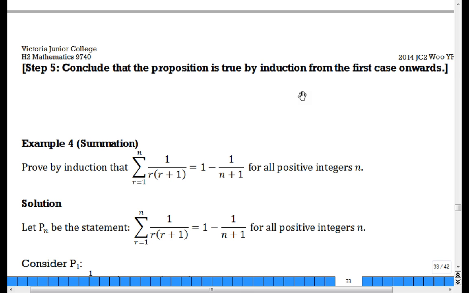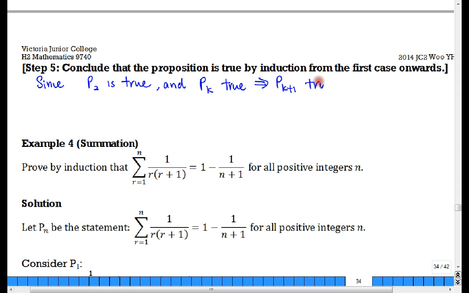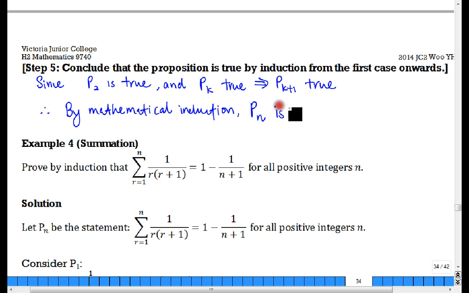So, can we write? Since P2 is true, and Pk true implies Pk plus 1 true, therefore by mathematical induction, Pn is true for all n greater or equal to 2.